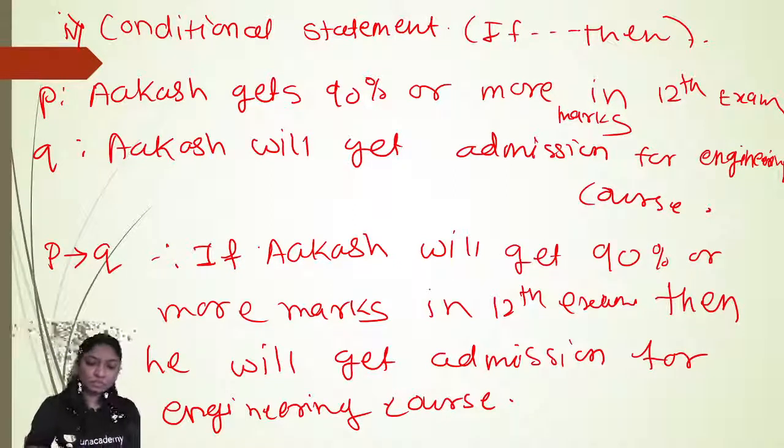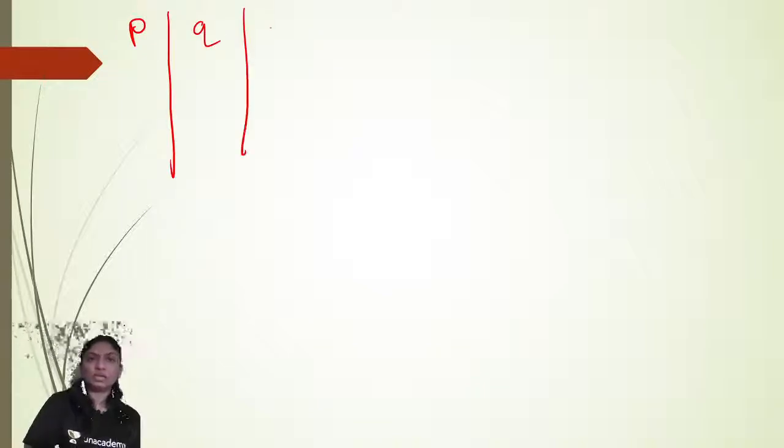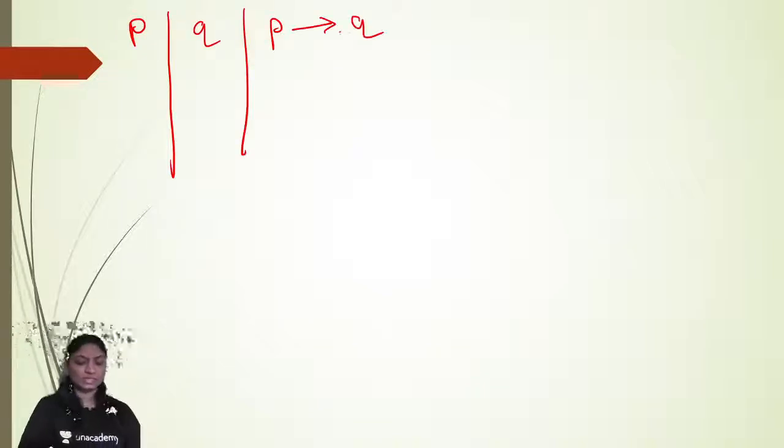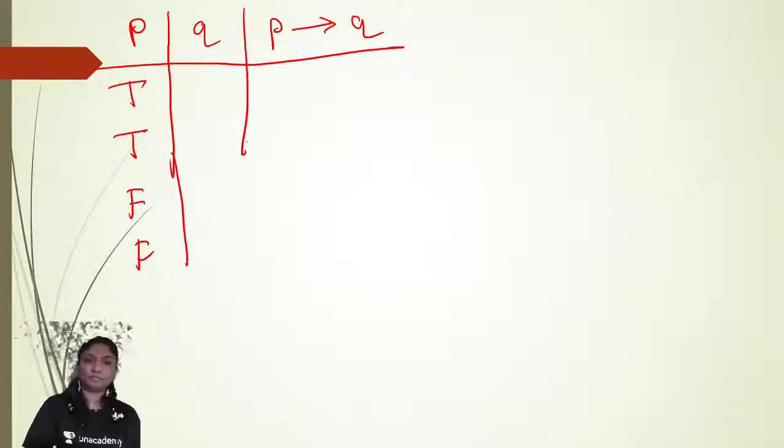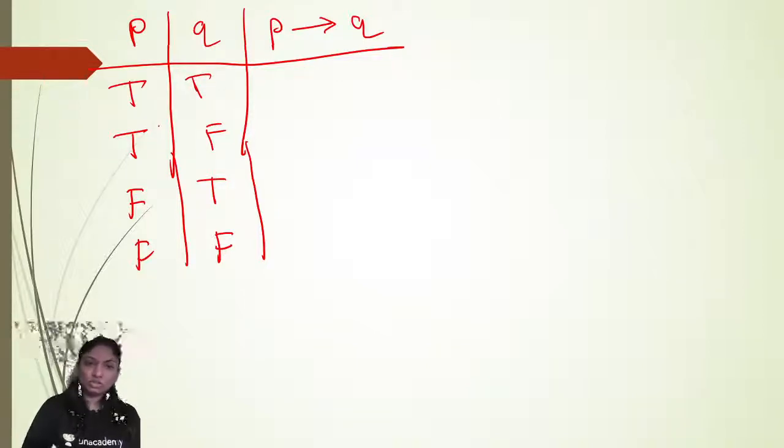Okay. Now we will see the truth table for the compound statement if then. Suppose this is your P, Q. The conditional statement is denoted by this arrow, P implies Q. So T, T, F, F and T, F, T, F. How will we write the truth table for P implies Q? It is false only when the first is true and the second is false.